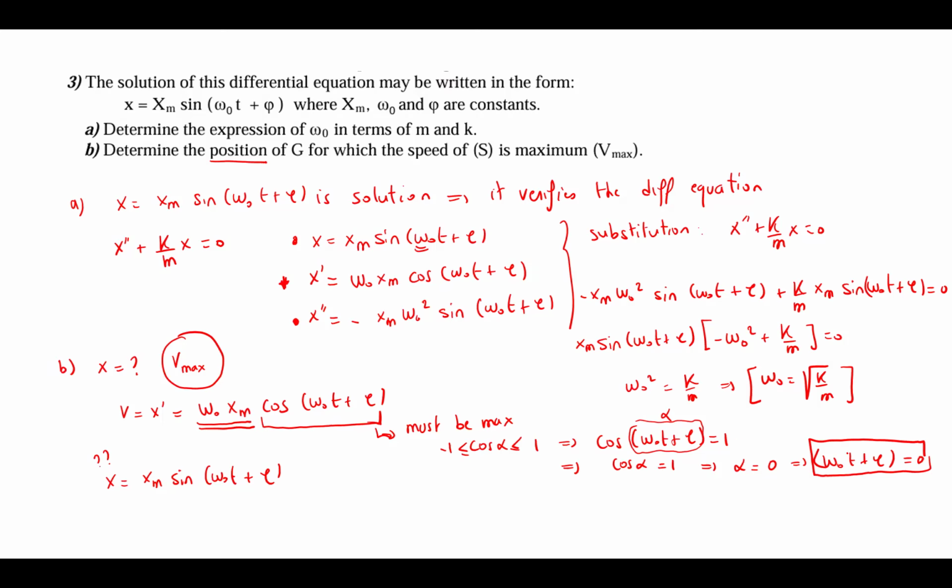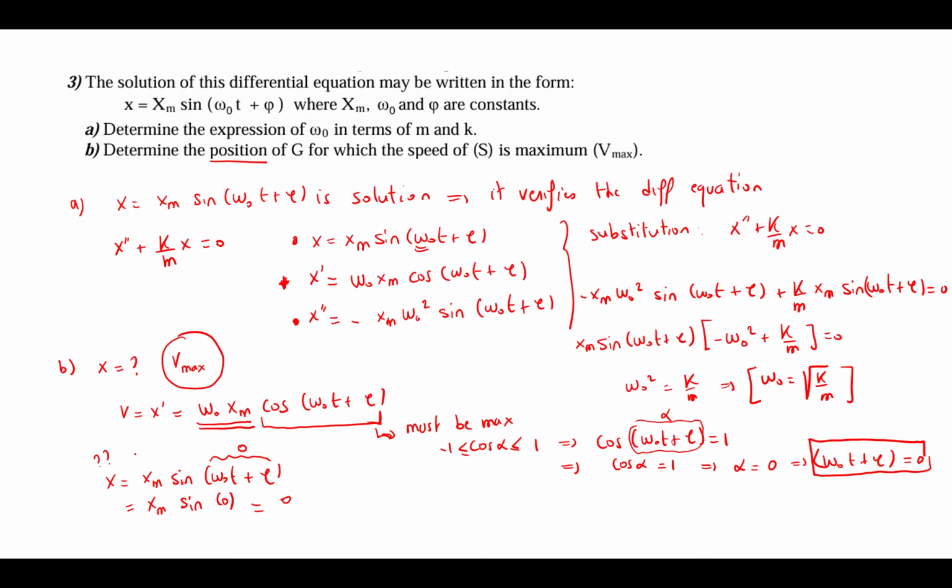So I need alpha to be equal to 0. So I need all this to be equal to 0. So I get as answer xm sine 0, which means equal to 0. So the v is maximum when x is 0, meaning at the position of equilibrium. And this is logic.